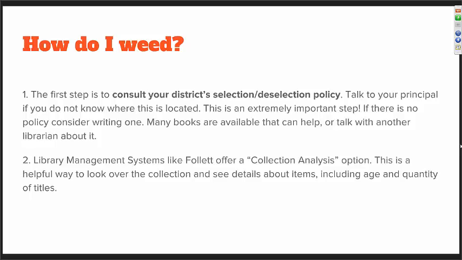It will break it down into the Dewey Decimal areas by hundreds, even by tens. And it'll show you the average age of your collection, titles, duplicates, and again, the age. And you can look at that and just go through and figure out which items should be weeded.